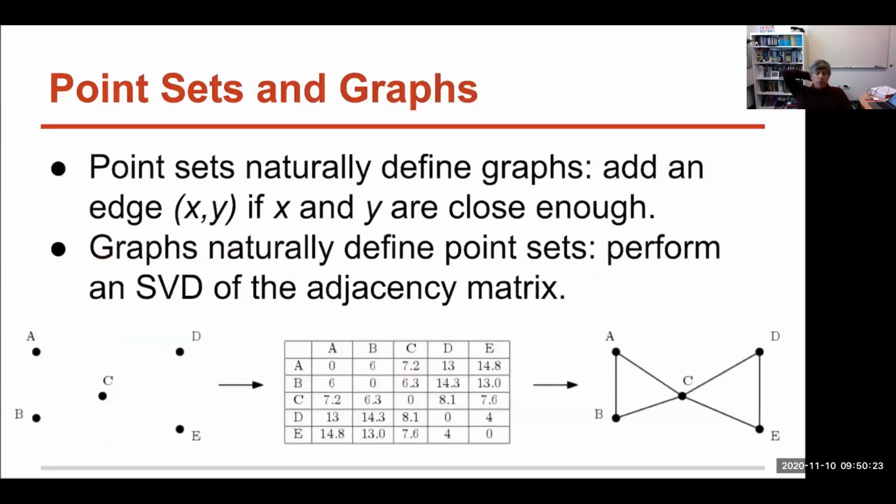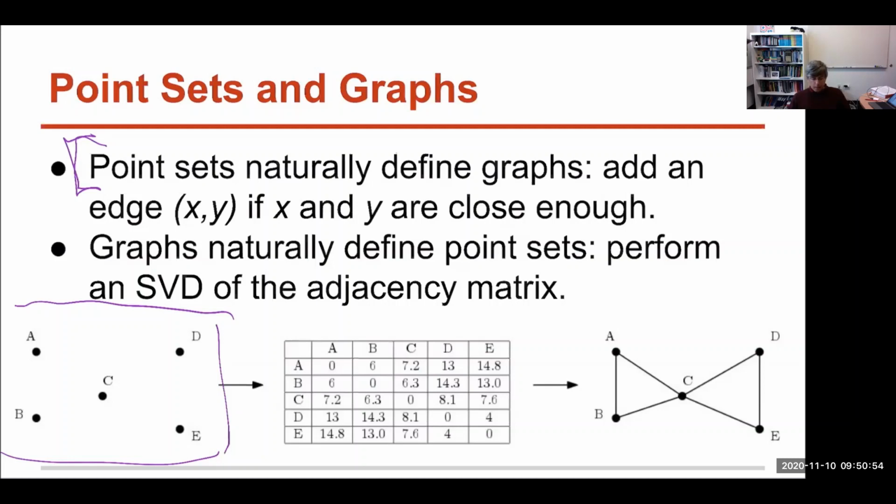But there are a couple of points I wanted to make about dealing with networks that we'll talk about today. The first is that there is a close connection between geometric data or point set data and graphs. Namely, if I give you a bunch of points, often points in space, it is often very useful to define a graph between them.